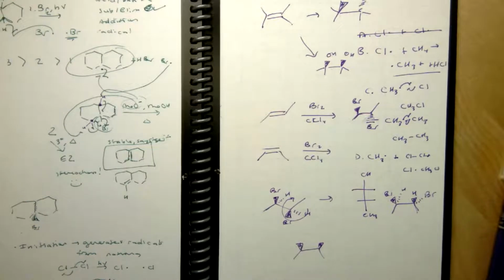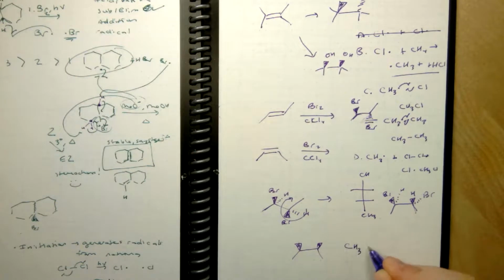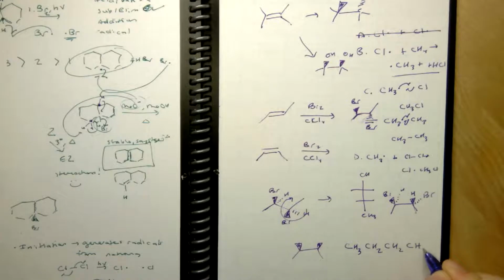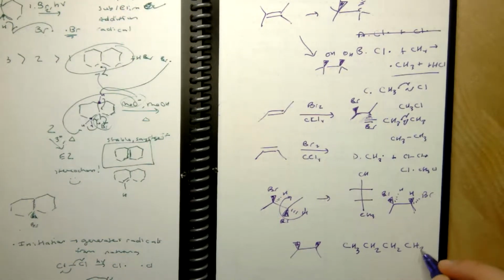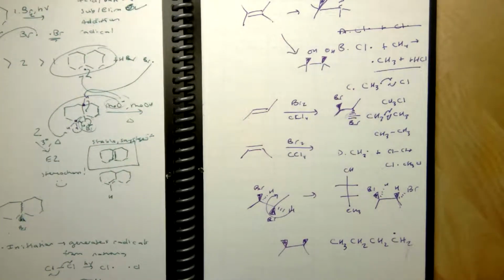It was asking which of these options has two radicals combining that is a realistic possibility in a methyl termination. If it had CH3, CH2, CH2, CH3, well, I guess it'd be a CH2 radical like this, it would be very hard for a methane to end up connecting this many times.